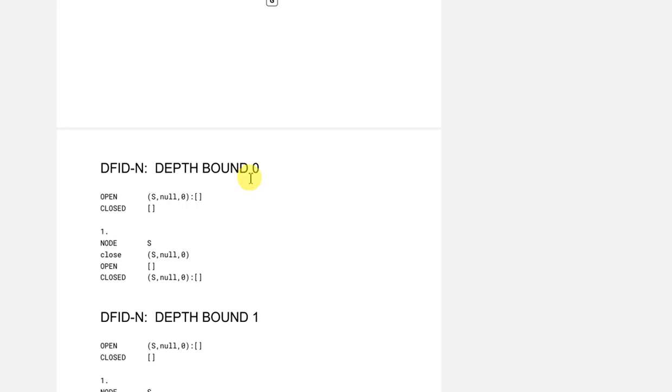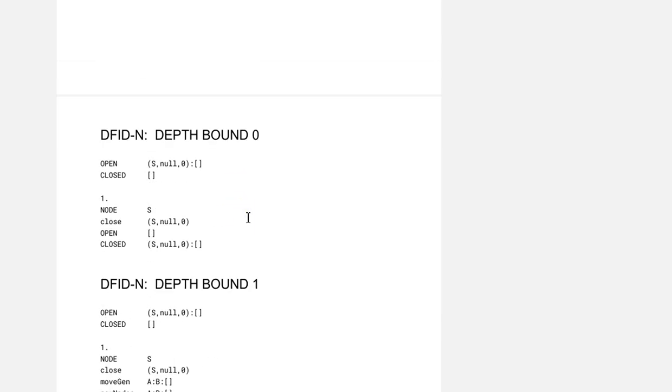In depth bound 0, the parent of S is null, so there is no parent of S. That's why we put null there. Now for node S, closed is S null and open is empty, because we are considering only depth bound 0. We are not going further from level 0.